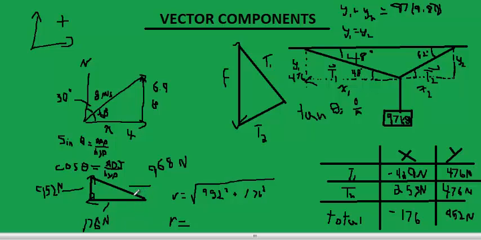Now, because this is a vector, it does need a direction, so we have to find the angle in here, or this one, either one, to put this vector in reference to either the horizontal or vertical plane. I'm going to stick with the horizontal plane here, and I'm going to solve this with the sine law.